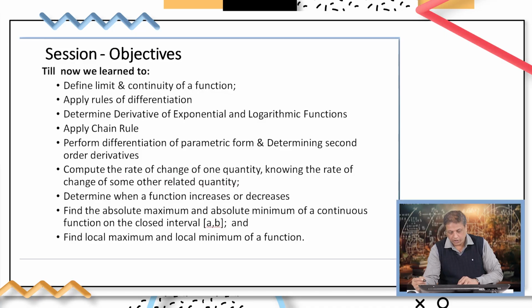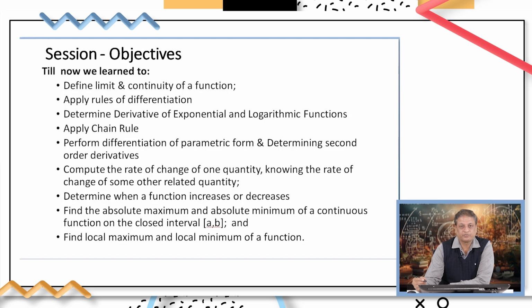So, just to recall what we had learned till the moment, we understood what are limits and functions, limits and continuities. We understood how functions, limits and continuities are related to derivatives and how differentiability is affected by evaluating the continuity.